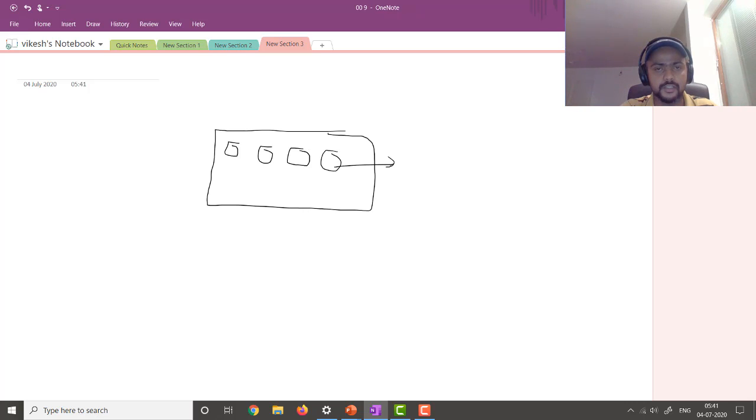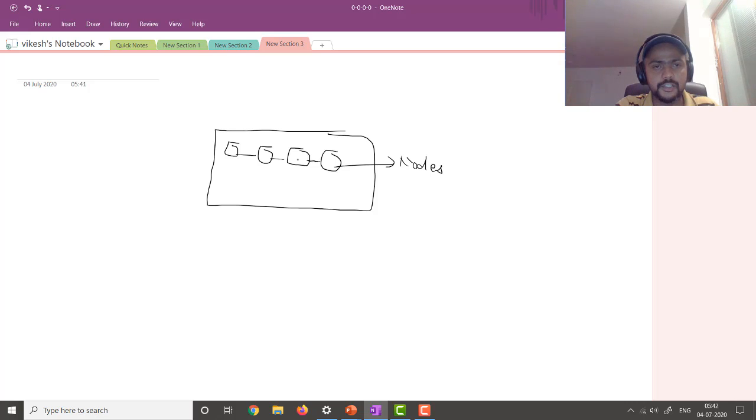We call these computers nodes. A single computer will basically be a node. All these nodes are connected to each other via network, because that's how distributed computing works. You have a bunch of computers which are connected to each other, and they all can work in parallel.